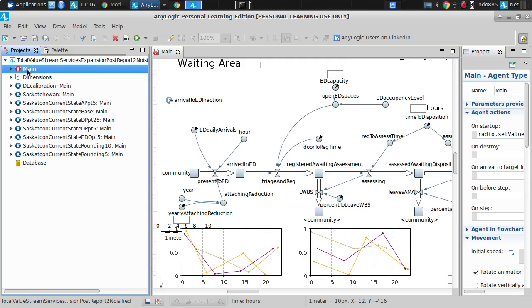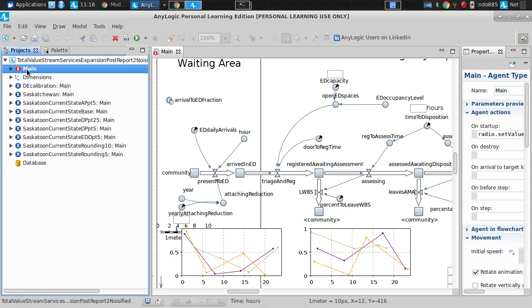Here, what we see is a depiction of the population as divided into a set of categories. And you'll notice it's a little bit confusing. How did I get here? I scrolled up when I first opened it. I had to scroll up, and I used the scroll bar over here to scroll up. So here we see people divided into a set of categories. Those in community, those who have arrived in the ED, but have not been triaged yet, those who have undergone triage, they're registered and they're awaiting assessment.